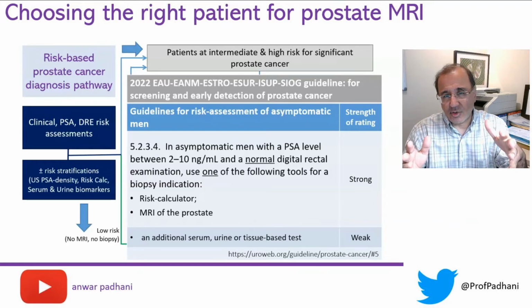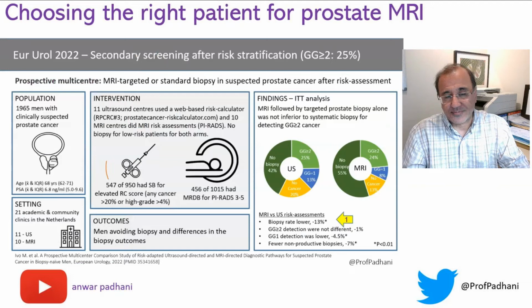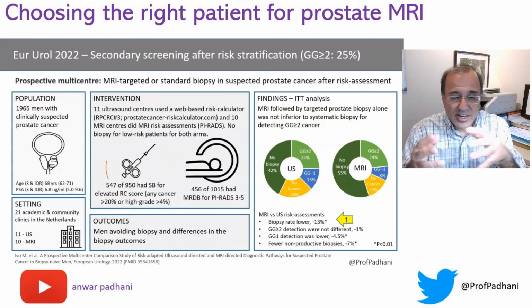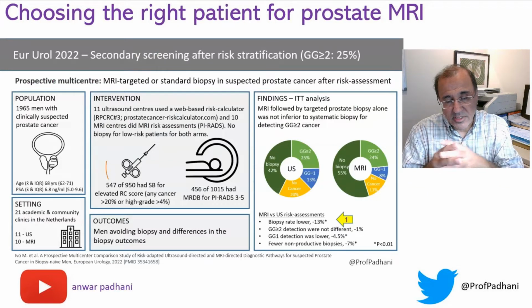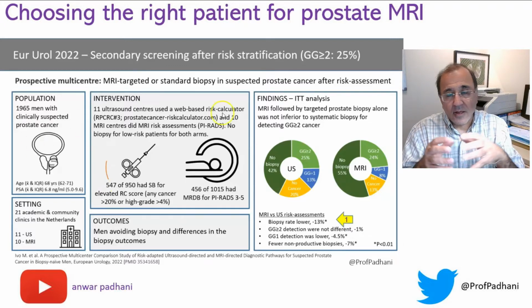So let's just talk about how MRI compares to a risk calculator, which is based on ultrasound. Now, this was evaluated in a randomized study that was recently published from the Netherlands. And you can see that you had 11 centers that used a web-based risk calculator called the Rotterdam Prostate Cancer Risk Calculator.